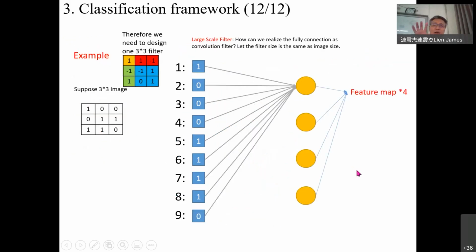So compare convolution with fully connected. Fully connected actually means your filter size is the same as your image size. That's fully connected.